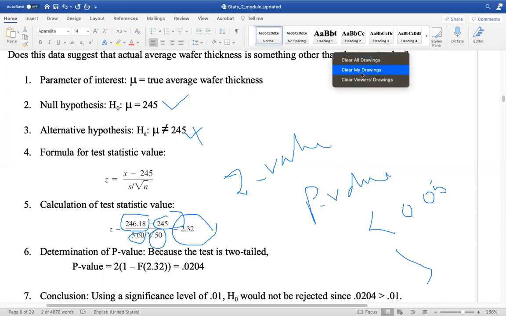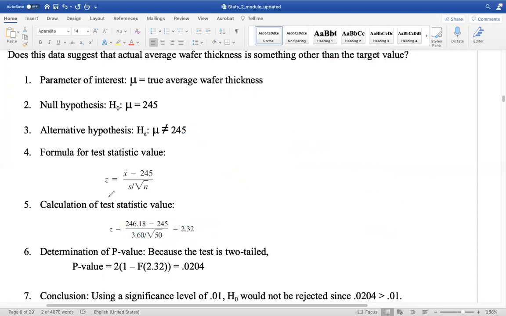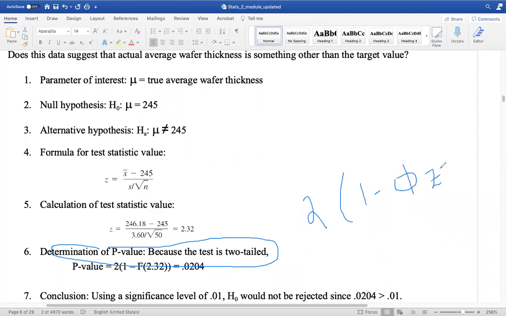So we calculated the z value based upon the values we have, and to calculate the p value, whether you are taking two tails or one tail, that's your choice actually. When we are taking the two-tailed test, the formula is 2 into 1 minus phi of z, right?